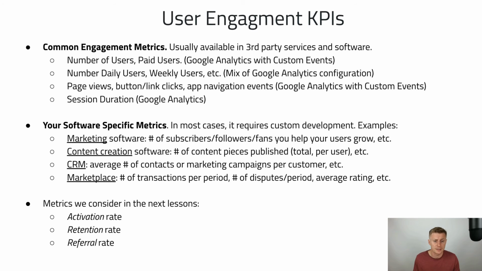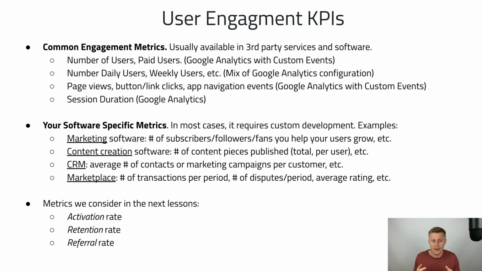So some standard engagement metrics in the software world are number of all users, amount of paid users, number of daily users. Also, it could be number of weekly users or number of page views per user, number of button or link clicks. It could also be user session duration.